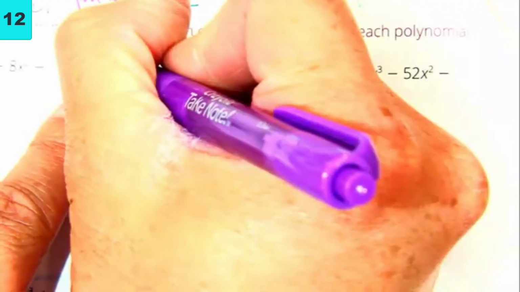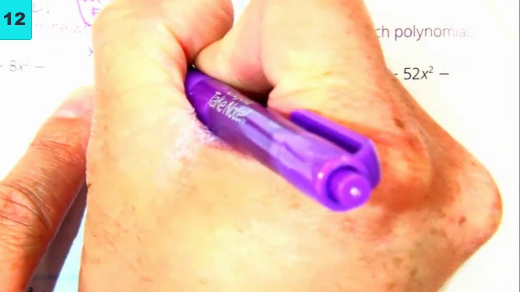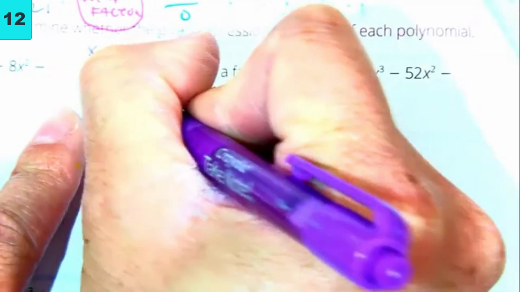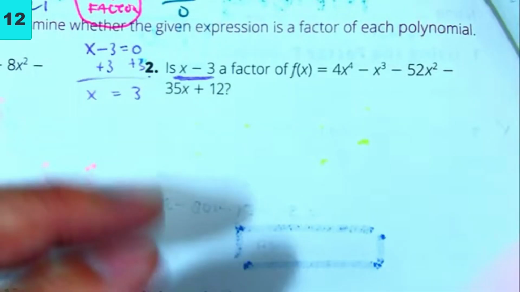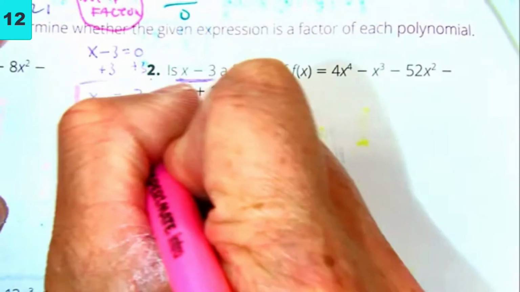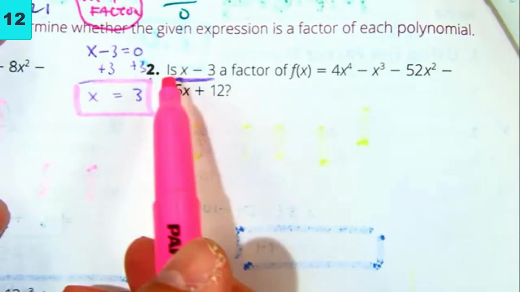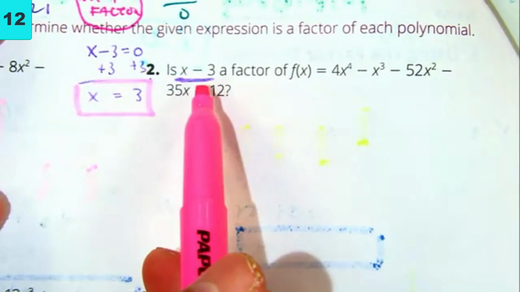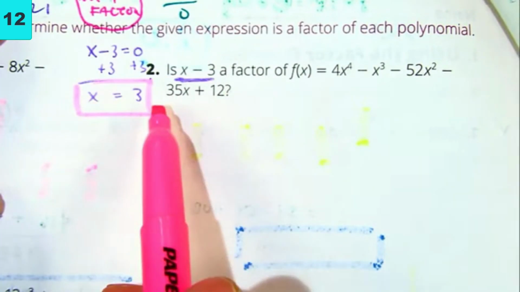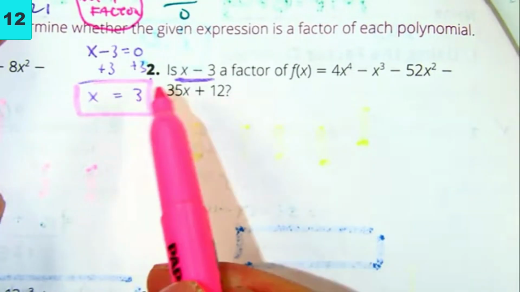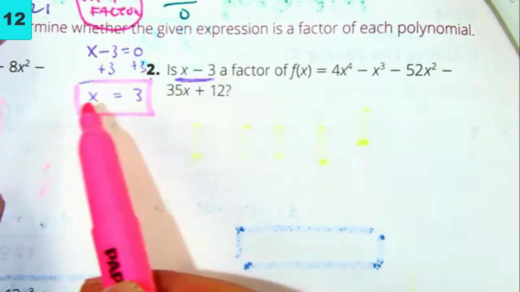Add 3. That means x is equal to 3. Okay, this is a big idea. X minus 3 is the same thing as x equals 3. You can say that again. X minus 3 is the same thing as x equals 3.